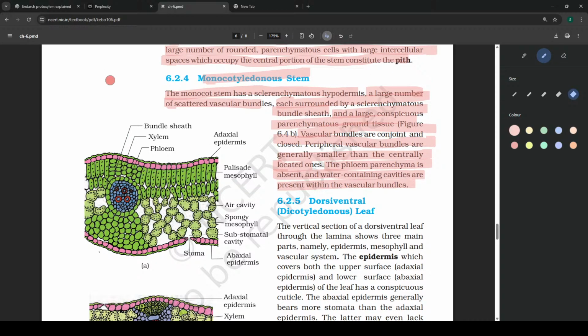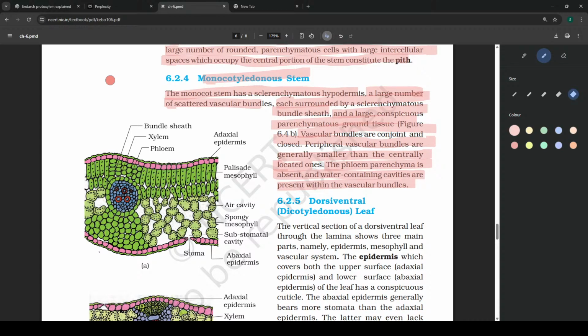Let's see that again. The monocot stem has a sclerenchymatous hypodermis. In the dicot stem, we saw it was collenchyma, but here it is sclerenchyma. Both are for mechanical support, but sclerenchyma means dead cells, whereas the dicot had living cells. Here the vascular bundles are very large in number, and they are scattered.